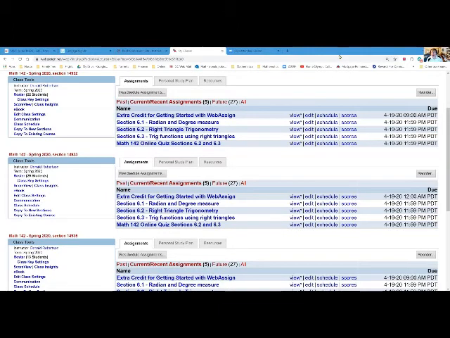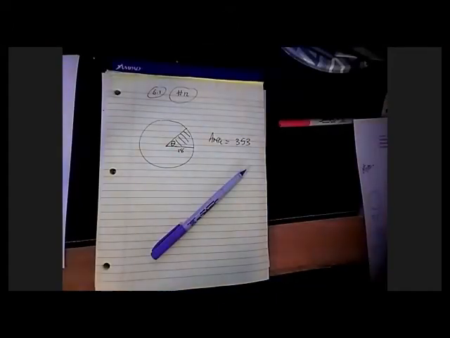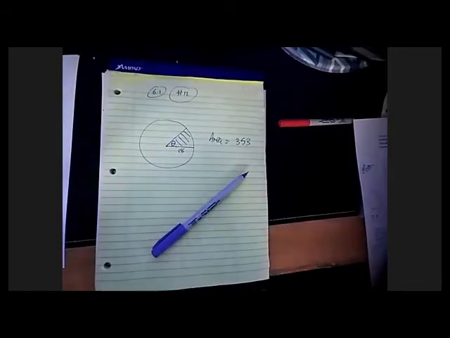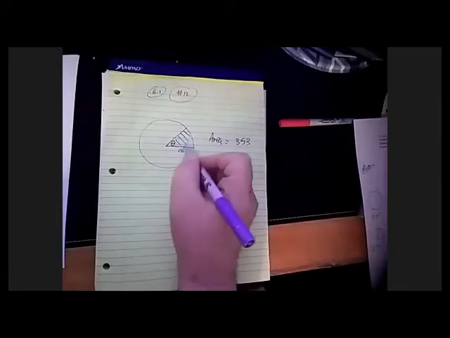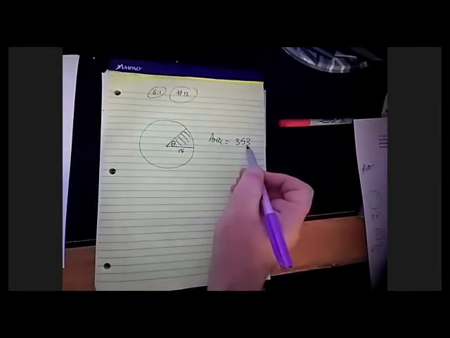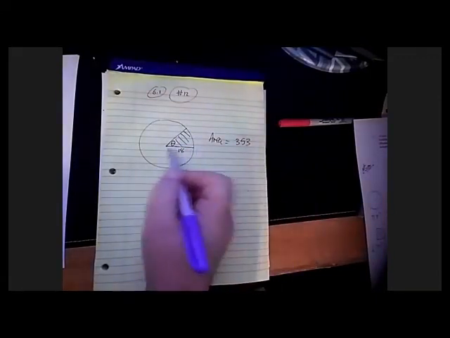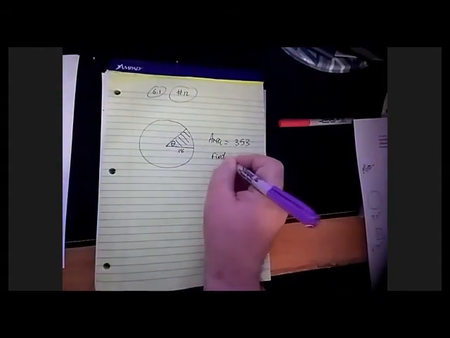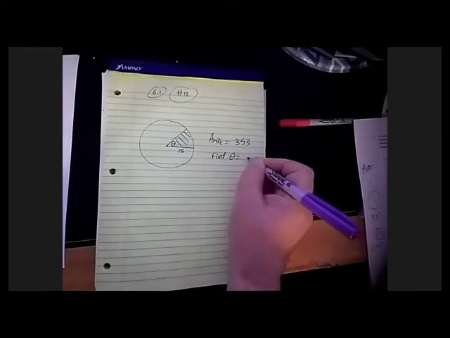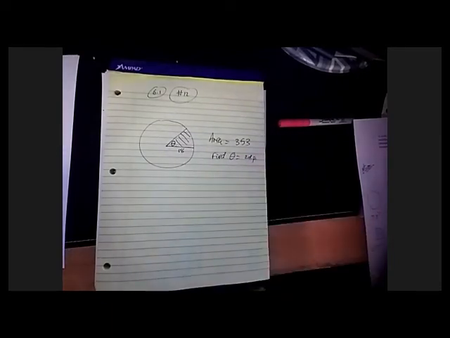So let me go back and stop sharing. Right, are we back to the big version again? So you know the area, this piece of pie, is 353. You know this distance is 18. What we're being asked to do is find theta to 2 decimal places.